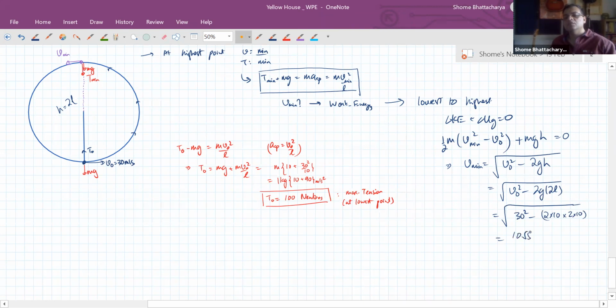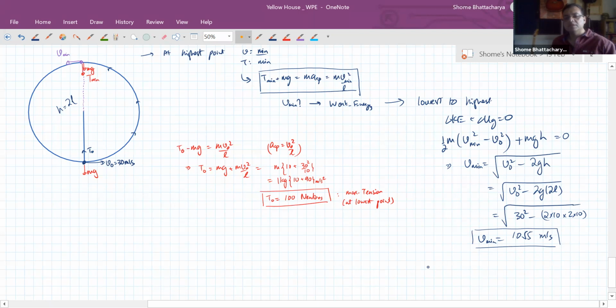So that's 10 root 5 meters per second. That is the minimum speed. Okay.